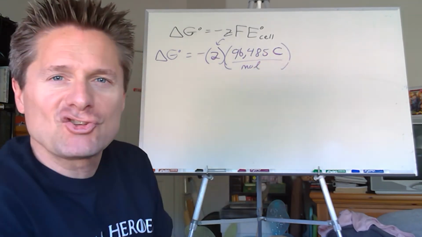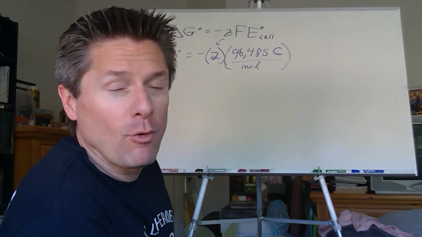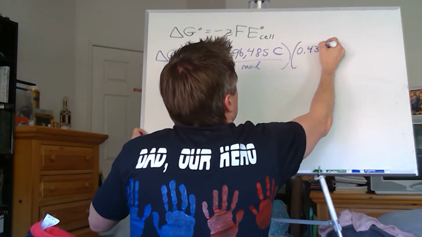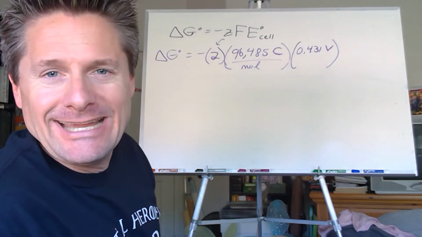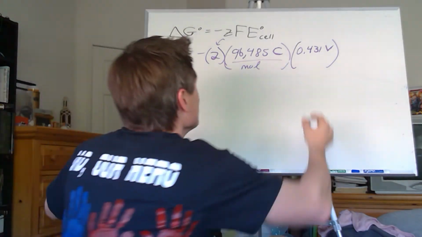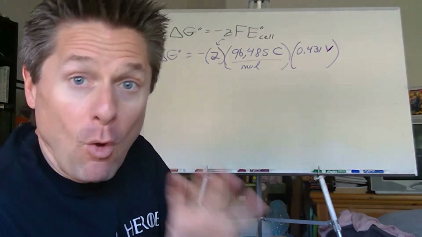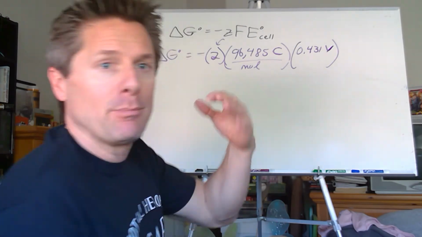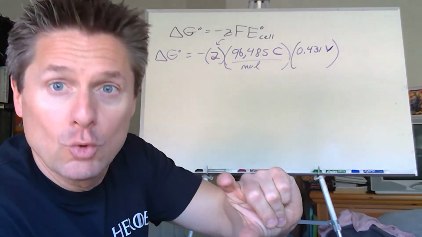So how are we going to extract stuff out of here? Times E naught cell, what was that, 0.431 volts? Is that right? Now I'm looking at that going, well, I'm going to get coulombs times volts per mole. What? But we have to understand what is a volt. If you remember when we introduced that early on, it was the energy per unit charge, right? So a volt is a joule per coulomb, correct?